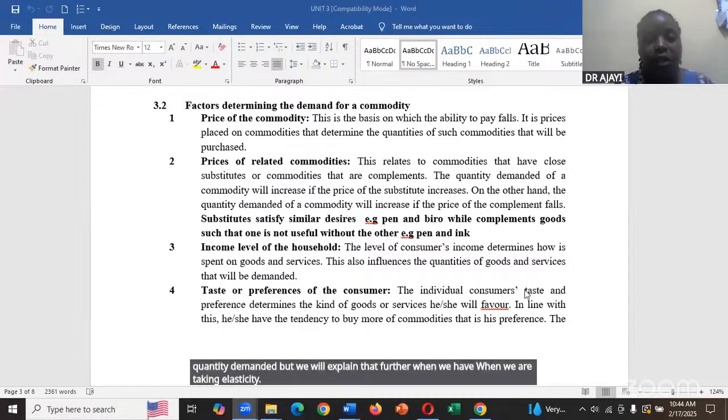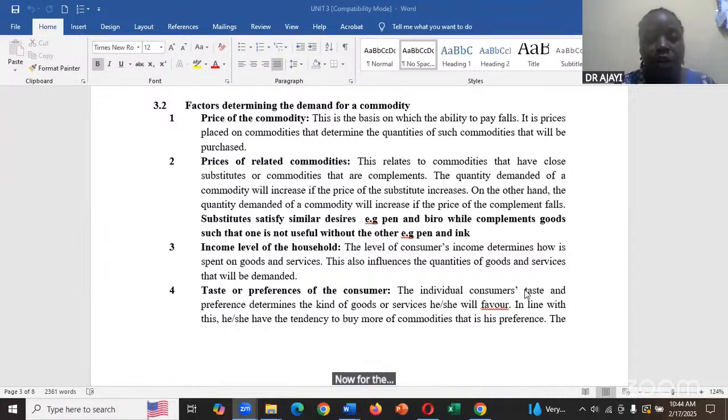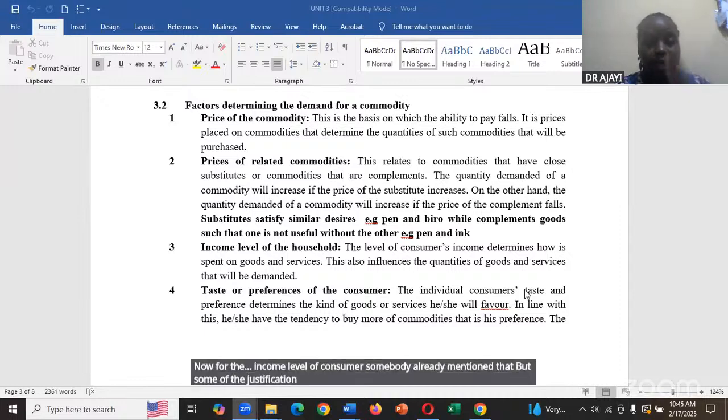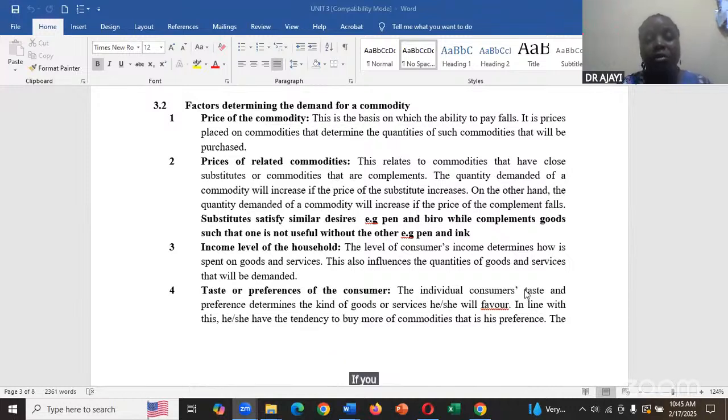Now for the income level of consumer, somebody already mentioned that, but as for the justification, when you have this slide, you quickly see how we justify each of these factors. If we are saying justification, it simply means, if you say income level, how do you expect demand to respond to income?